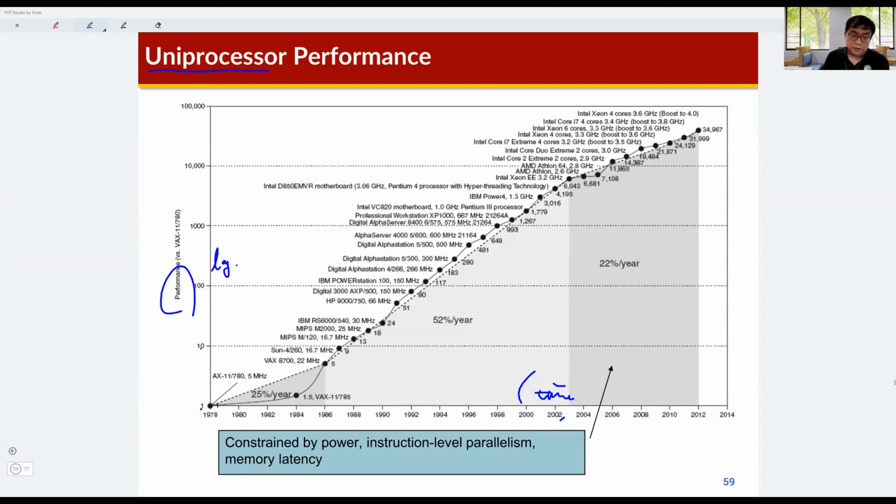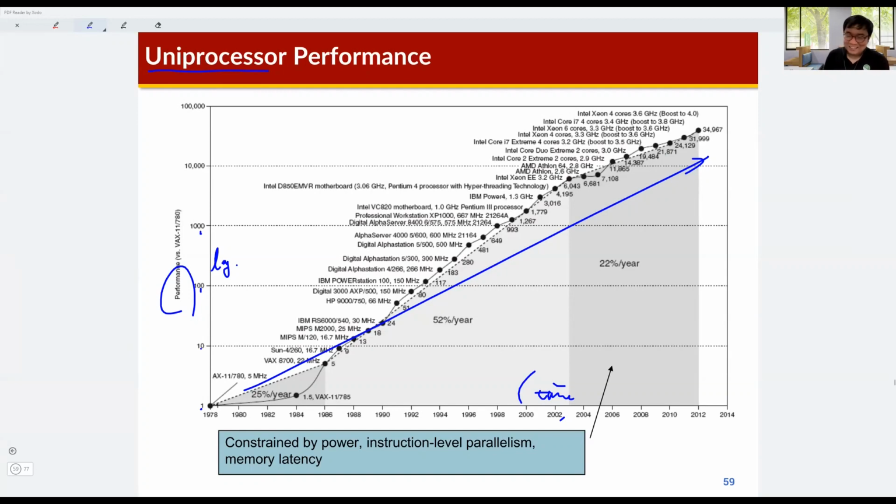So 1, 10, 100,000. And then the graph looks linear by x-axis. So what does that mean? It means the performance of a single core or a single CPU increases exponentially.